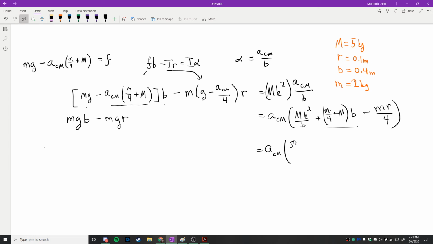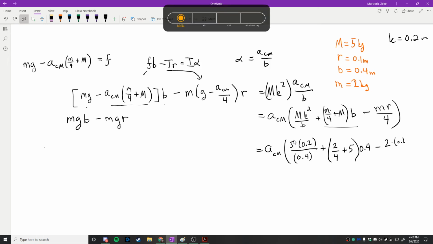5 times k. K was 0.2. B was 0.4. Plus little m over 4 would be 2 over 4 plus big M, which is 5, times B, which is 0.4, minus little m is 2, times little r is 0.1.